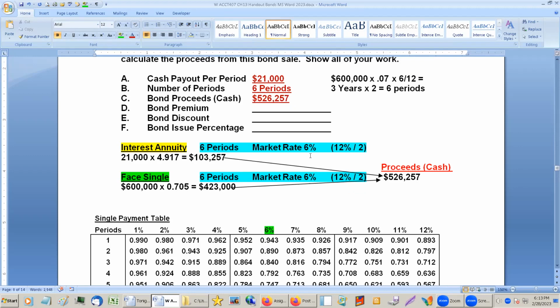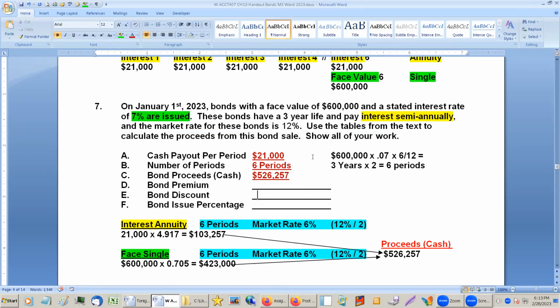Would these be at a premium or a discount? Discount. Yep. 73,743, I think.